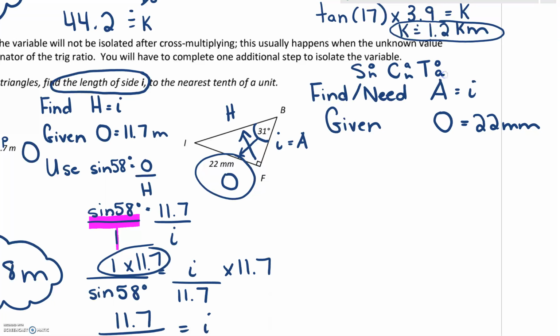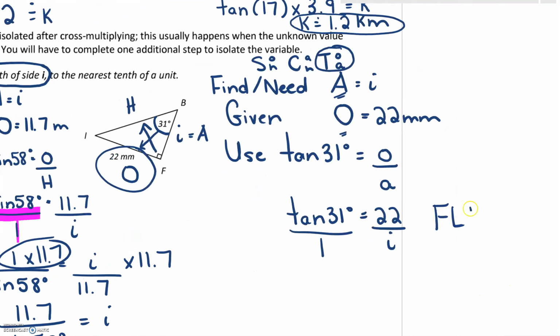So tan of 31 degrees equals, the opposite is 22. And the adjacent is either left as the adjacent, or you could put a lowercase I because that's what you're looking for. Since the unknown is at the bottom, you need to make sure that you create a proportion, because you need to flip both fractions because the unknown is at the bottom.